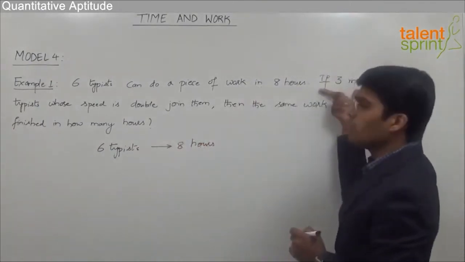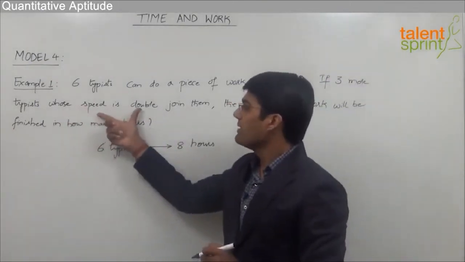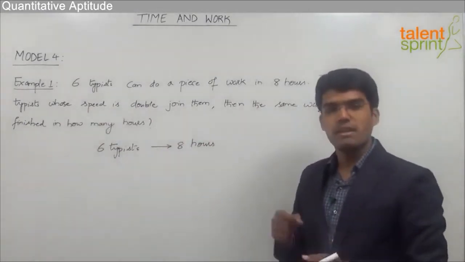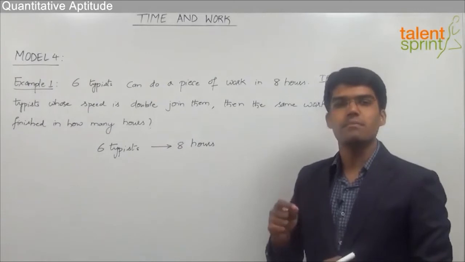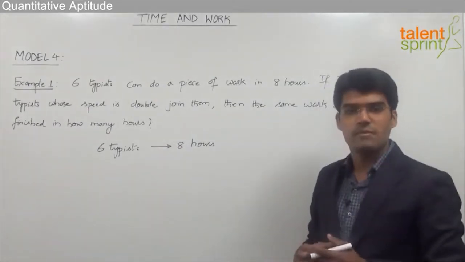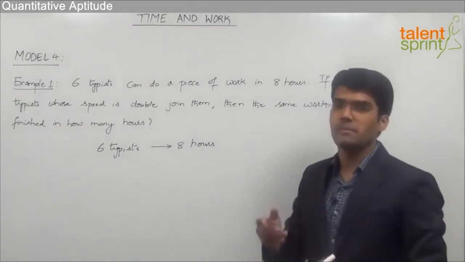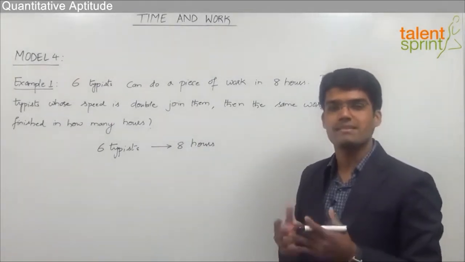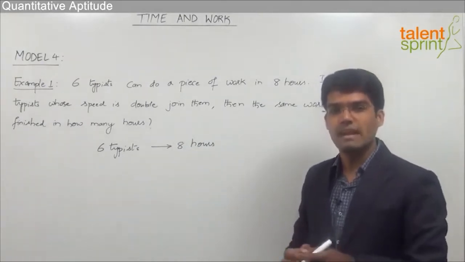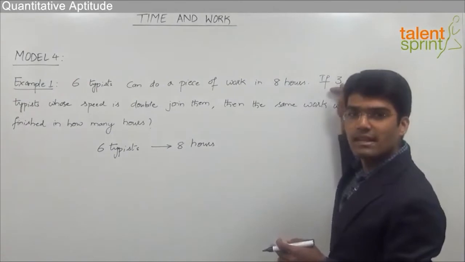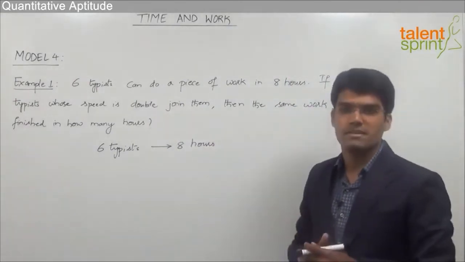And now 3 more typists of double the speed join them. So 3 new typists will join them, but each of these typists can type at double the speed. That means the capacity of these 3 typists who are going to join is double the capacity of the earlier typists. So if the capacity is double, we can clearly understand that 1 typist of this second type can be taken as 2 typists of the first type.